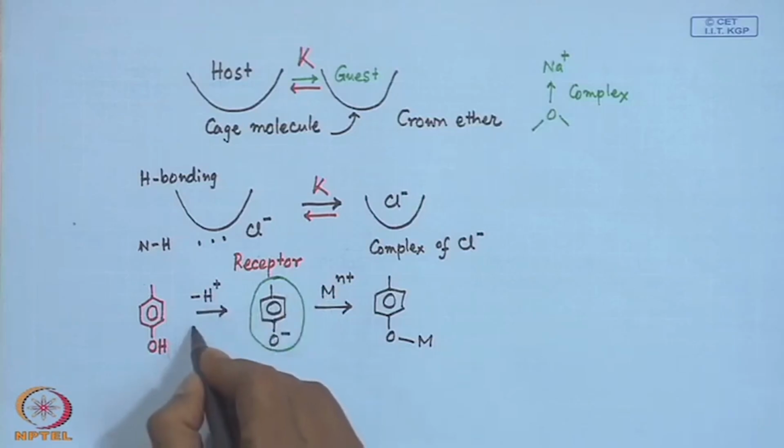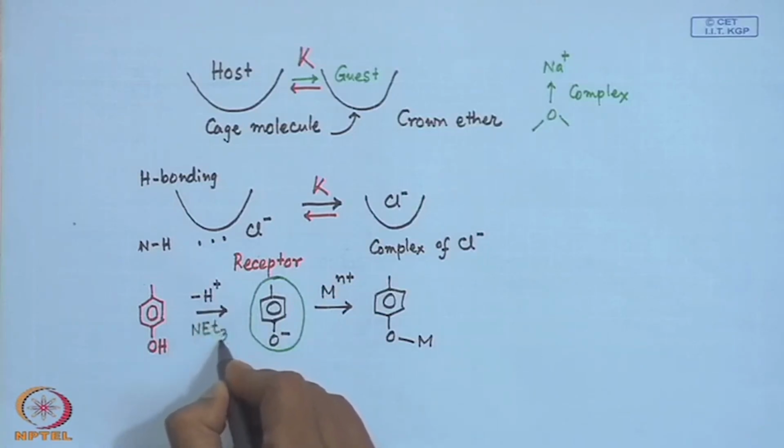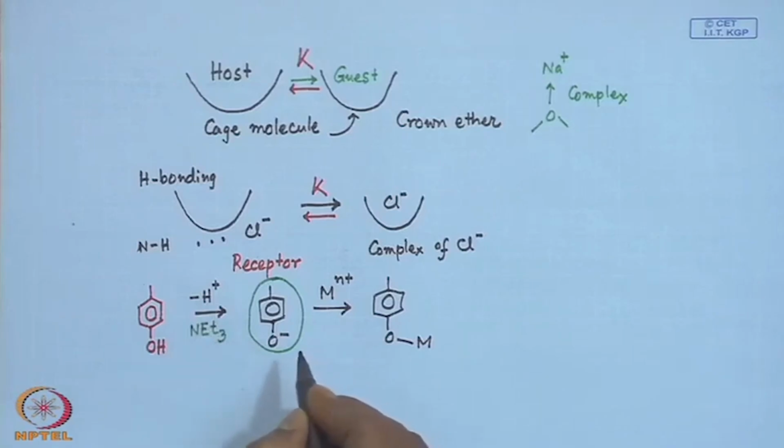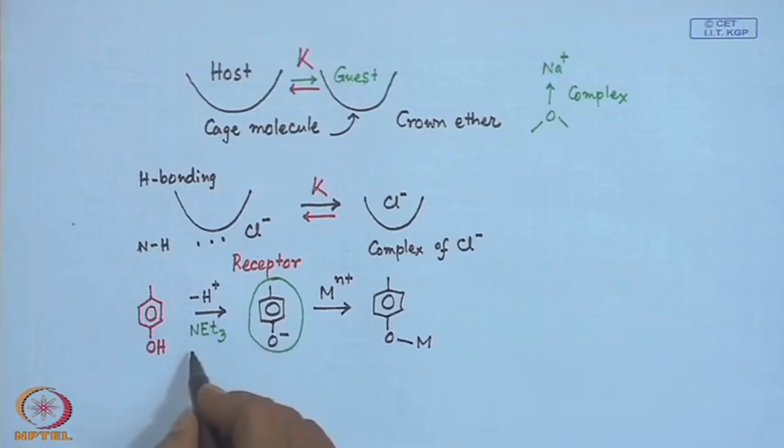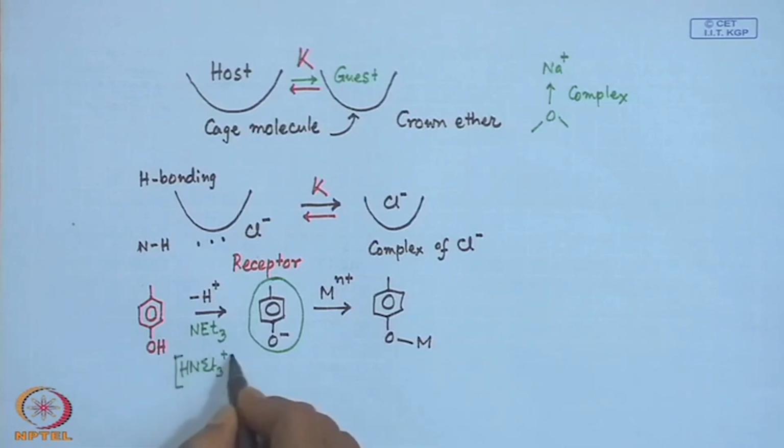So, for deprotonation we use some organic base, say NEt3, and NEt3 can take up the proton forming the corresponding NEt3H+, the triethylammonium ion. So, this triethylammonium ion will be there and this will be free.